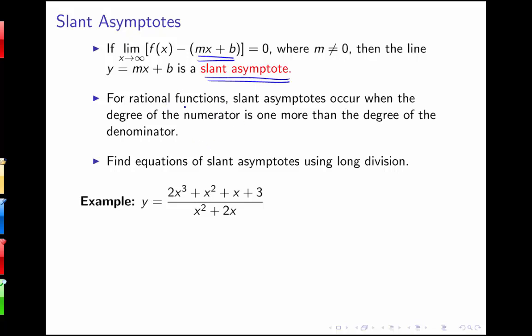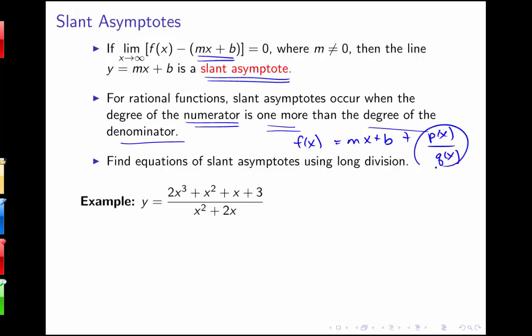And for rational functions, which is what we're usually going to be looking at, slant asymptotes will occur when the degree of the numerator is 1 more than the degree of the denominator, so that we can rewrite our function as some line plus some rational function that is going to 0, so that in the limit we're approaching this line mx plus b. This is also equivalent to talking about the limit of the difference between the function and the line mx plus b going to 0.